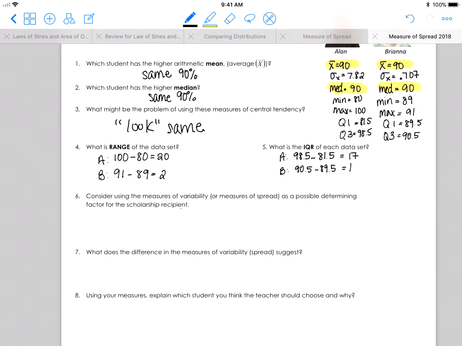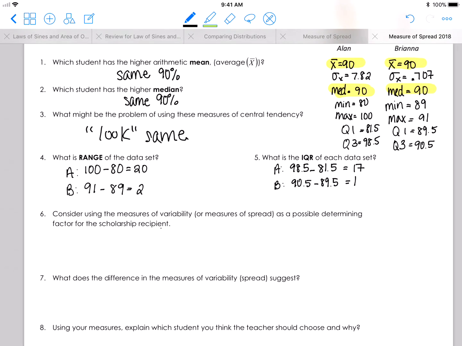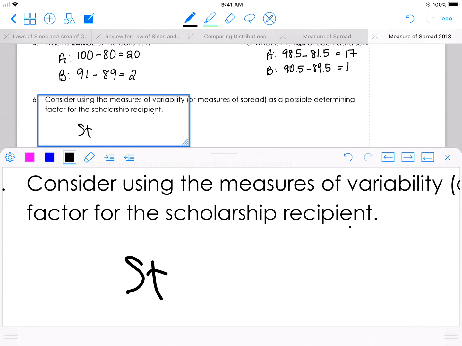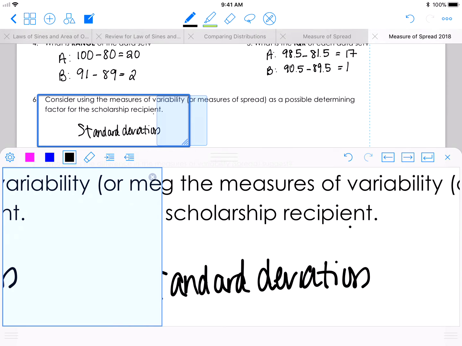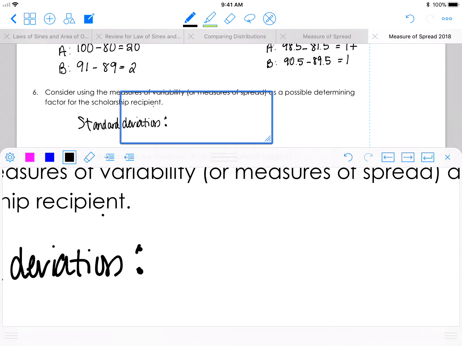So let's look at number 6. It says, using the measure of variability or measure of spread as a possible determining factor for a scholarship recipient. So let's look at the standard deviation on this one. Let's look at Alan first.